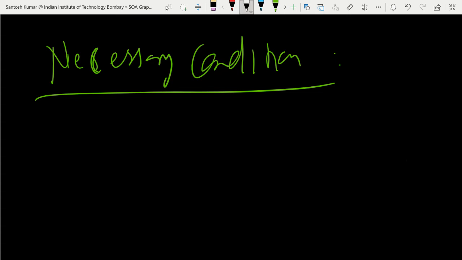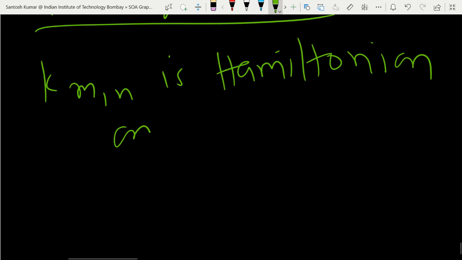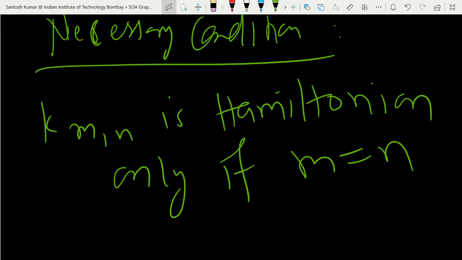One thing you simply notice is that Kmn is Hamiltonian, and you have seen one example. Kmn is Hamiltonian only if m is equal to n.